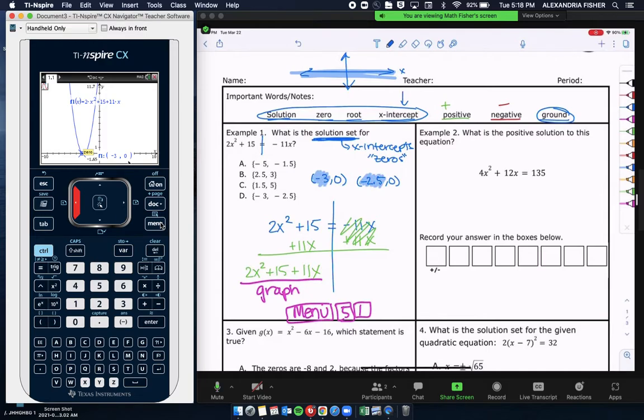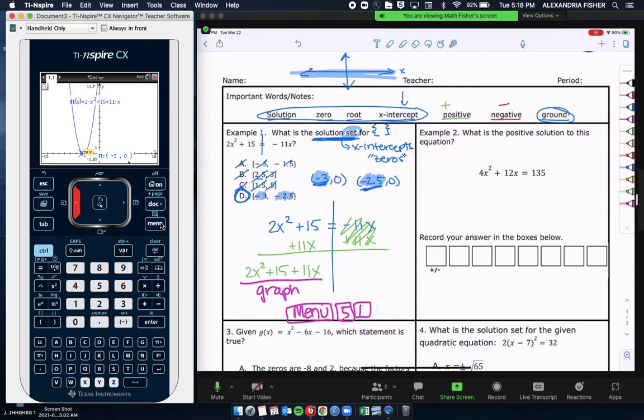Neither of these numbers match on this one, so eliminate that. This one is positive, that doesn't match, that doesn't match. This is negative 3, this is negative 2.5. When it says solution set, those are brackets. They're both x values, and D will be your answer because it matches your x values.